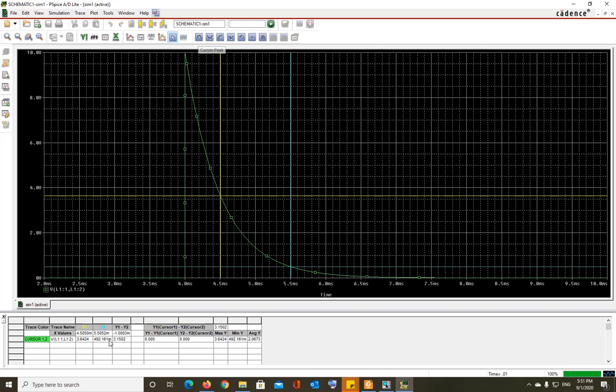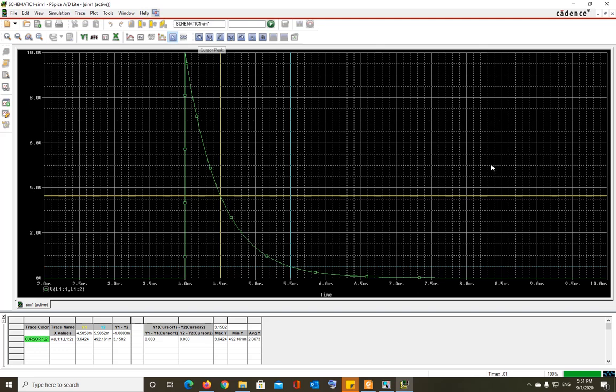Okay, one other important thing is the difference between the cursor values. This will be discussed in more detail when you create the amplifier circuits, your BJT amplifier and MOSFET amplifiers. Because in an amplifier circuit, you will be trying to find out the gain of the amplifier.